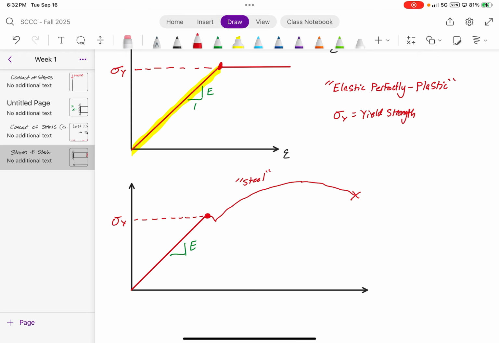And one of the items we would use for basically rupturing strength, which is this peak point up here, or its ultimate strength. So this point up here is called the ultimate strength, which we'll denote with sigma u. A lot of bolts are designed using this ultimate strength.